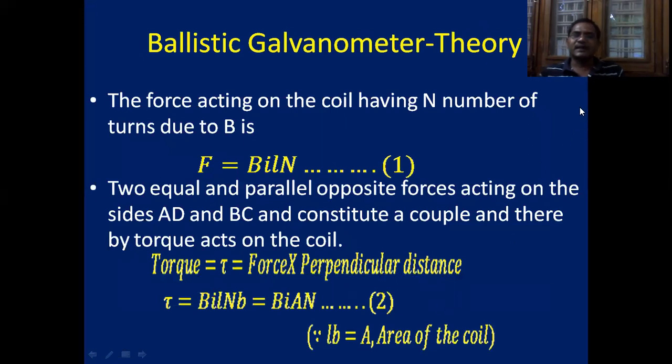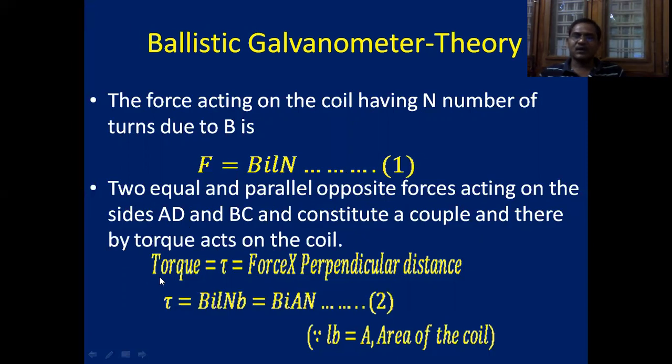Now the force acting on the coil having n number of turns due to the magnetic field B is F = BINL, as we discussed just now. Since two equal and parallel opposite forces act on the sides AD and BC, constituting a couple, a torque acts on the coil.